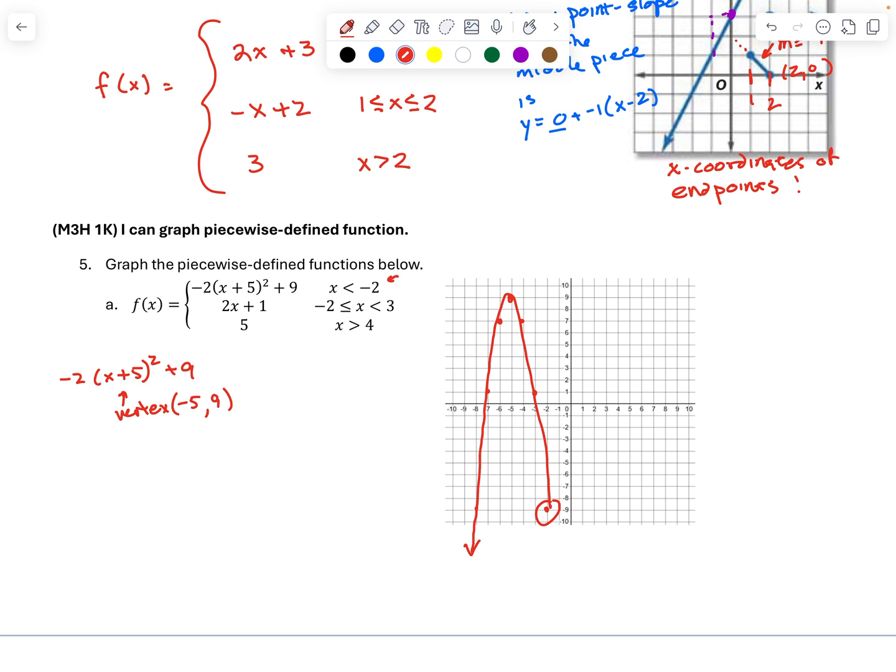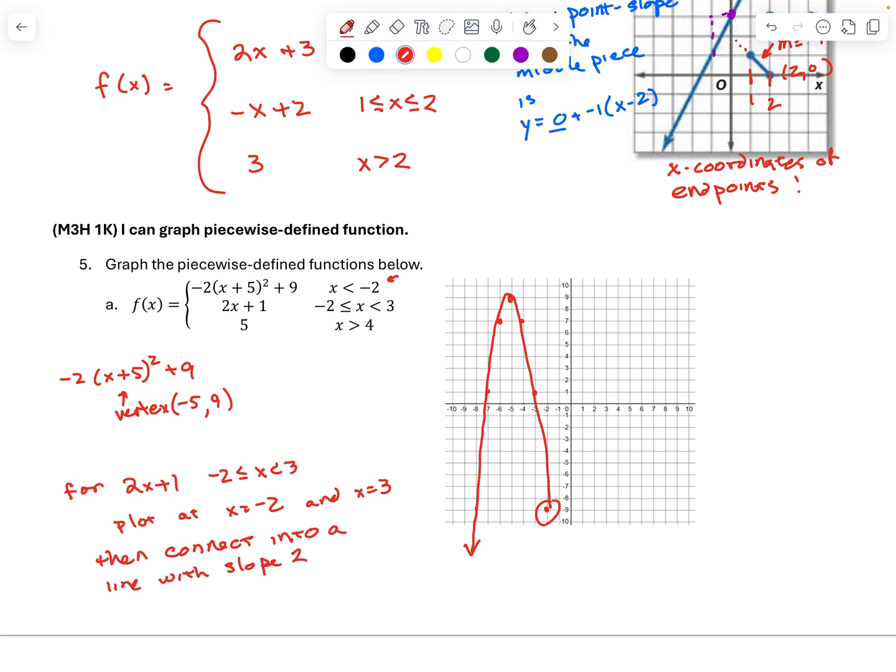Okay, 2x plus 1. Plugging in -2, we have -2, -3.